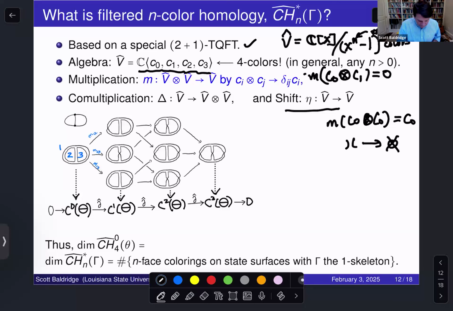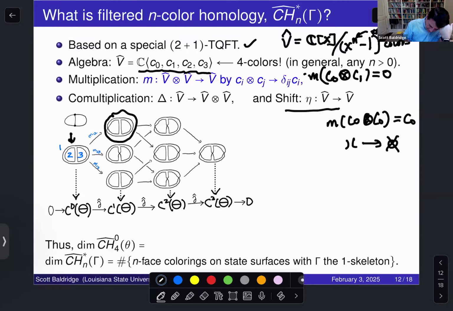All right. So if I look at these circles here, they are the faces of my theta graph. And when I put in a twist, I'm actually combining circles. This one right here is combining circle 1 and circle 2 and leaving circle 3 alone. So that's a multiplication between circle 1 and circle 2.